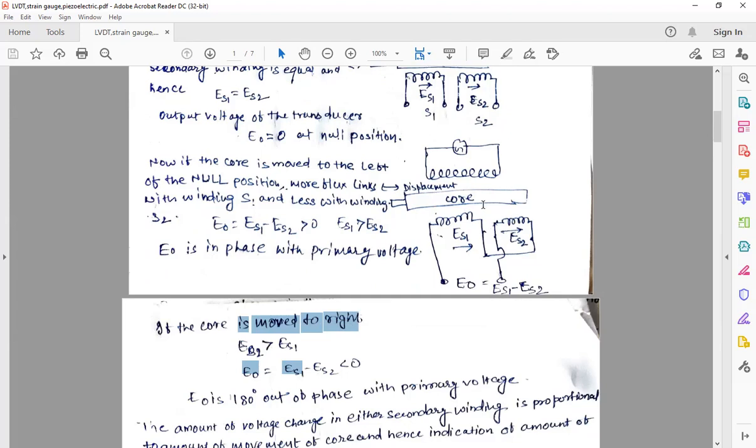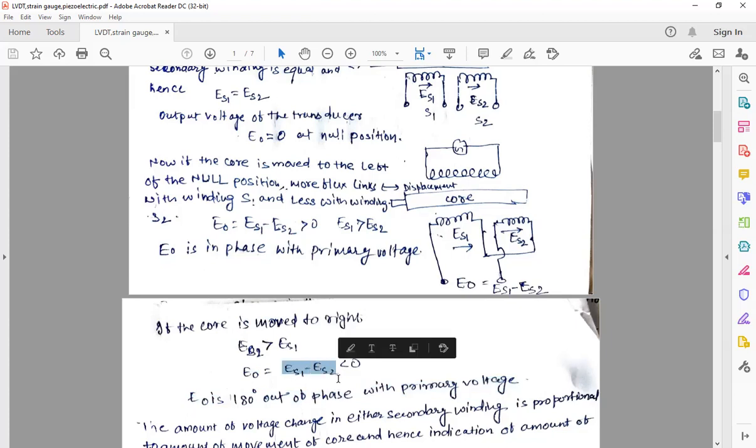But if the core moves from the null point to the left, the output voltage is in phase with the primary voltage. And if the core is moved from the null point to the right, the output voltage is 180 degrees out of phase with the primary voltage.